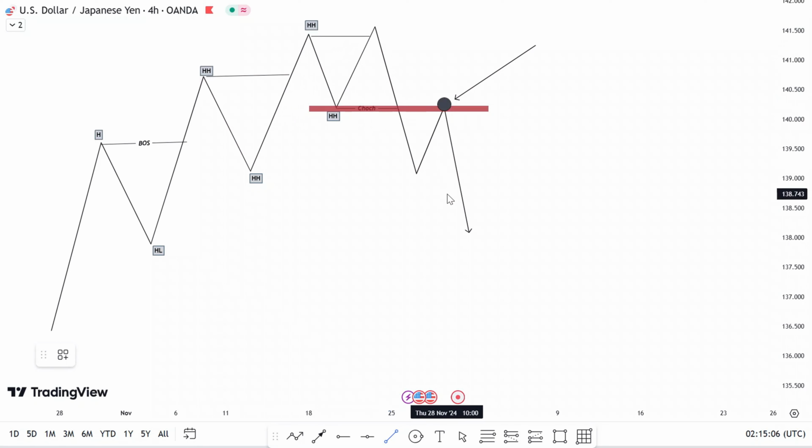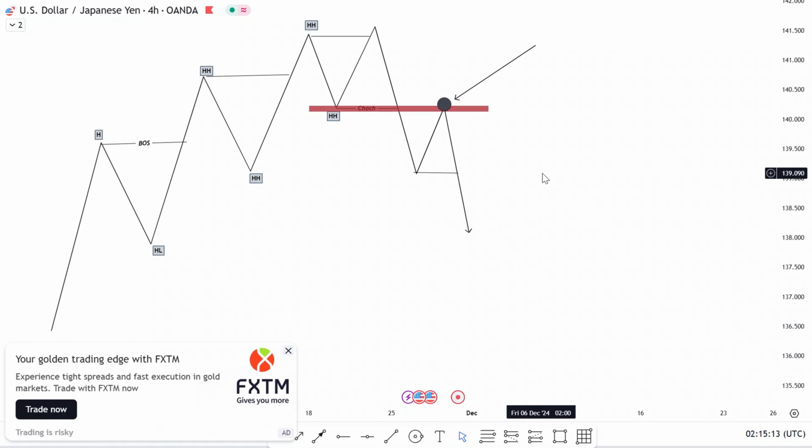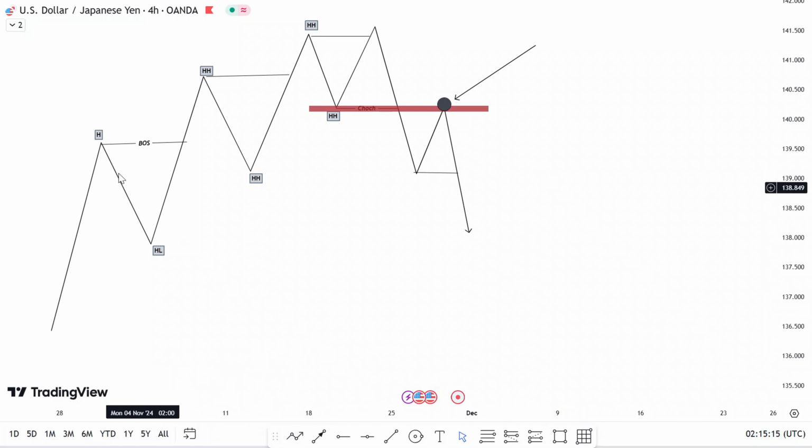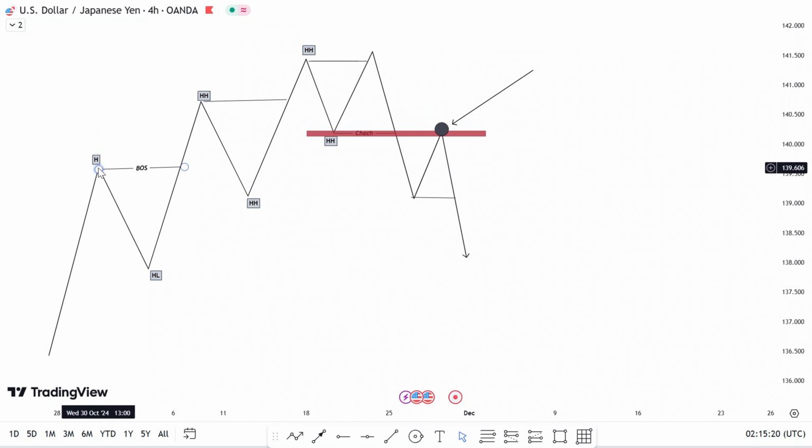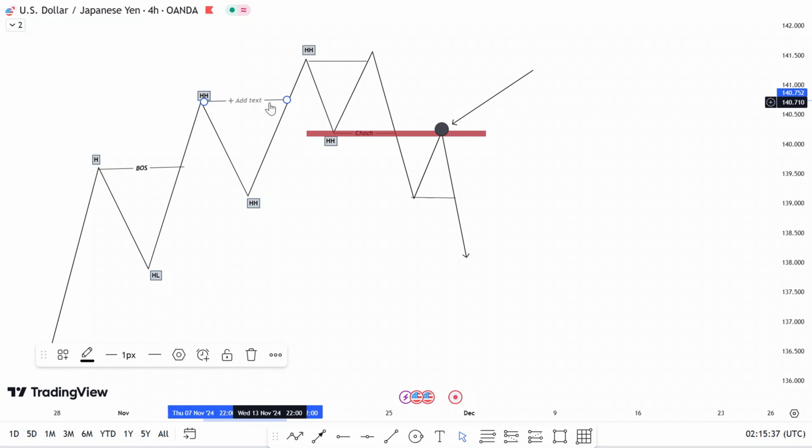So just a quick question for you. Since the market has changed character from an uptrend to a downtrend, what will this place be? Let's see if you understand what I've been saying. The only way we have a break of structure is because the market keeps going in its original direction. In this case the market is in an uptrend, so it keeps going up, creating higher highs.